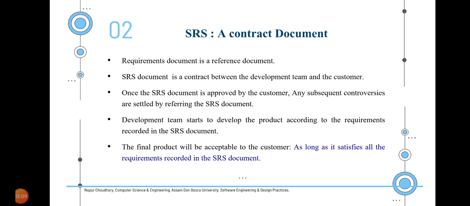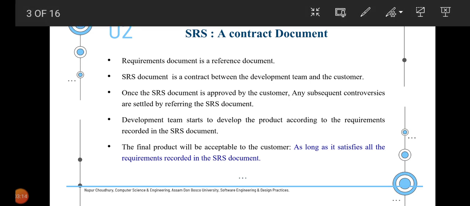The final product will be acceptable to the customer only after it satisfies all the requirements that are recorded in the SRS document. So after the customer gets the product, he or she verifies it against the SRS document as well.